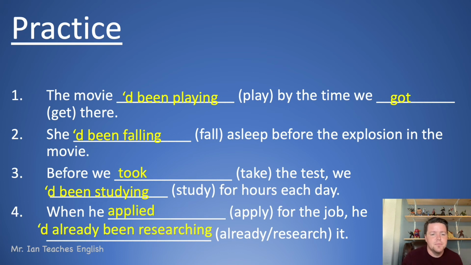And number 4, when he applied for the job, he'd already been researching it. So when he applied for the job is that time marker, but before that and continuing up to that time, he was researching it. This idea that it started before and also continued is in both of those, or both of those ideas are in the verb tense.